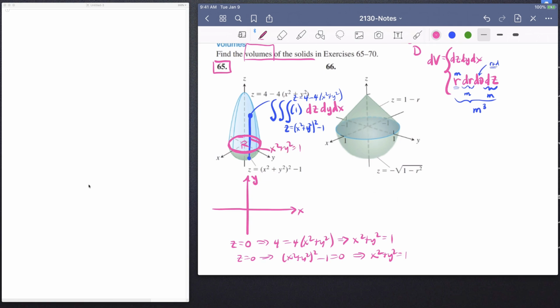So these two paraboloids intersect in the z equals 0 plane at the circle x squared plus y squared equal to 1. Then if we wanted to find the volume of the region, y would need to go from negative square root of 1 minus x squared on the bottom up to the square root of 1 minus x squared on the top.